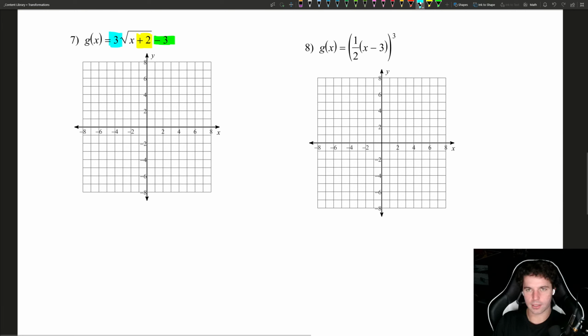So if we just drew like a rough sketch, left 2, down 3, that would start right here. And then square root of x is going to kind of look like this. But we know it's going to be steeper in this case because of that 3.